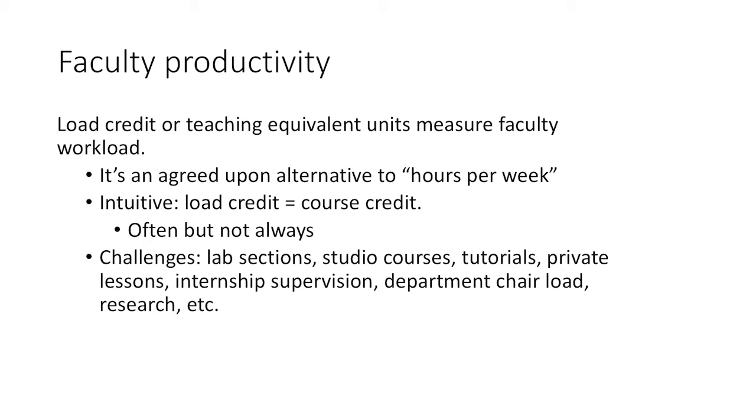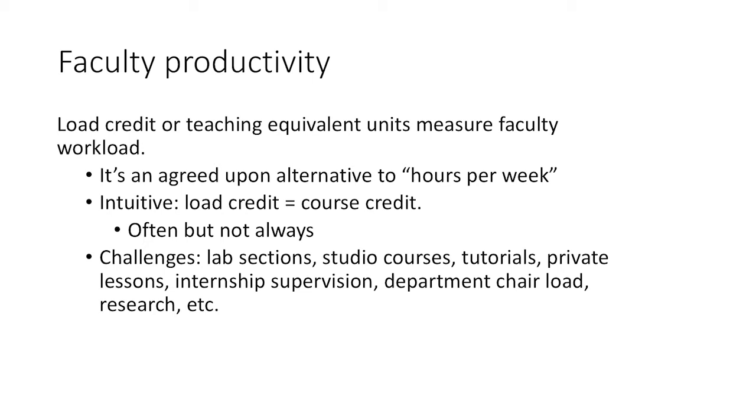The main point here is that load credit is the unit of analysis when we talk about faculty productivity. It is a measure that is based on course credit loosely and gets modified in situations where course credit doesn't really apply adequately to defining what faculty do. Load credit is an economic unit.